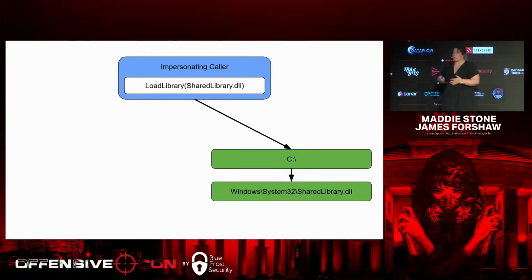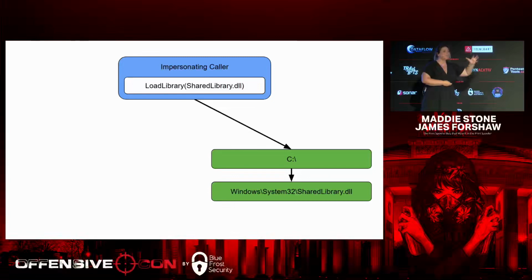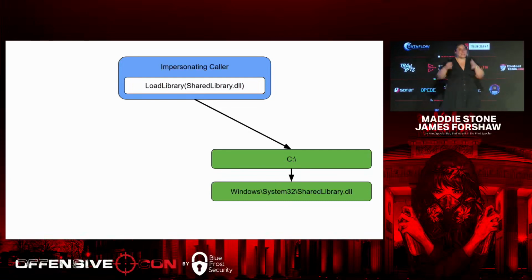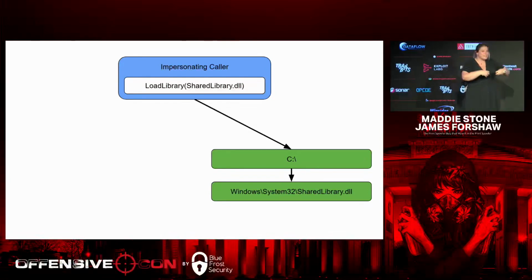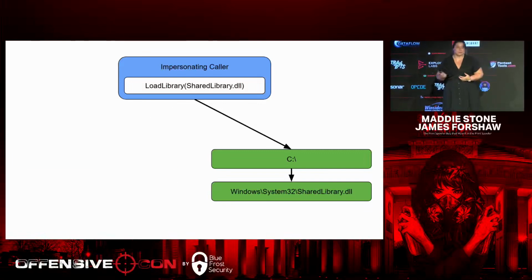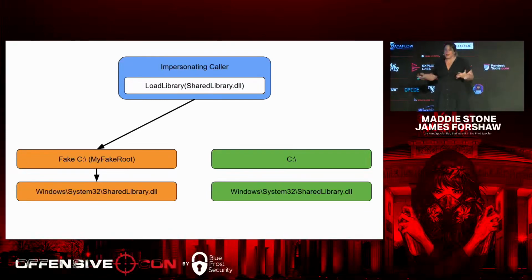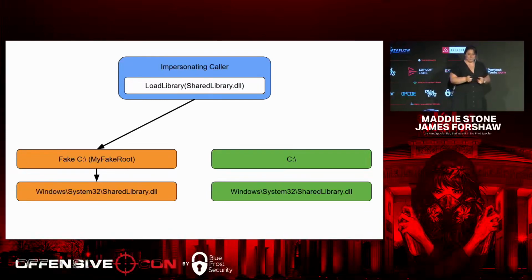But in 2015, the case actually was if the user had done a symbolic link to remap the C drive to a different folder, all they had to do is then create a Windows System32 and then shared library DLL path in their custom folder that was now mapped to the C drive. And instead, that's what this privileged process would read. And so this fix looks an awful lot like what that bug was doing.